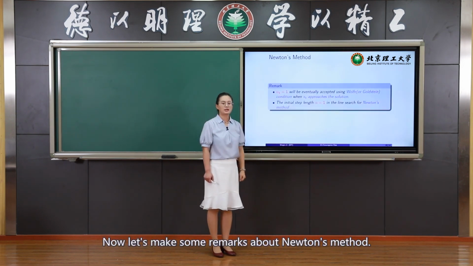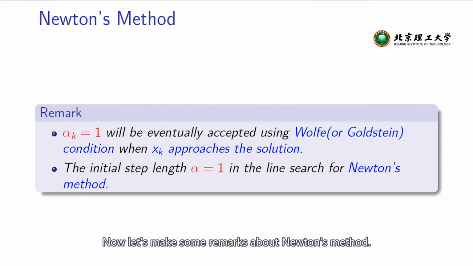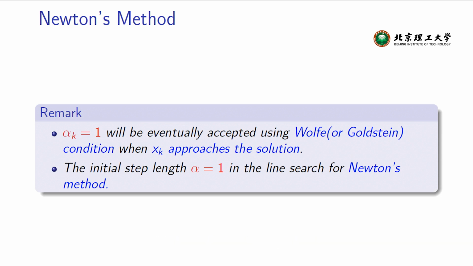Now, let's make some remarks about Newton's method. In the result, you may notice that we actually choose the unit step length in the update. So you may wonder, why do we choose a line search like the Wolfe condition or others? Those line searches help us to get the global convergence result.